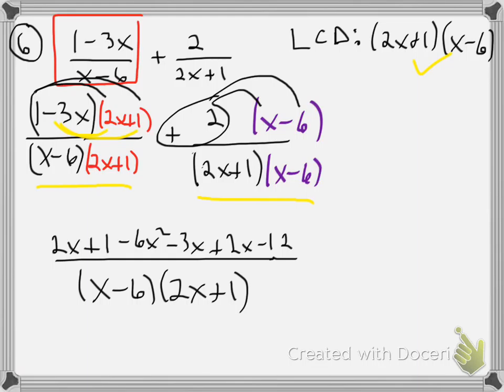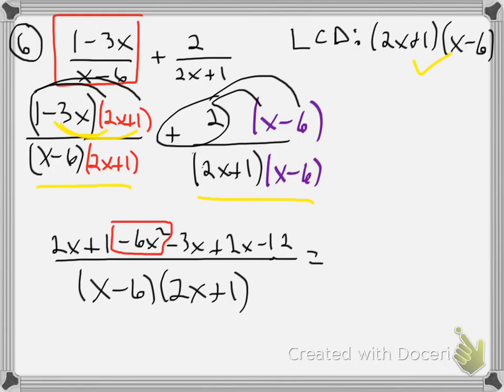I've got everything there. Now I'm going to combine. I can't cancel anything out yet. I'm going to start combining terms on the top, and then I'll see what happens. So let's look for some things that we have in common there. First thing, we've got some x squared, x's, and numbers. Let's deal with all the x squareds. I'm going to put a box around anything with an x squared in it.